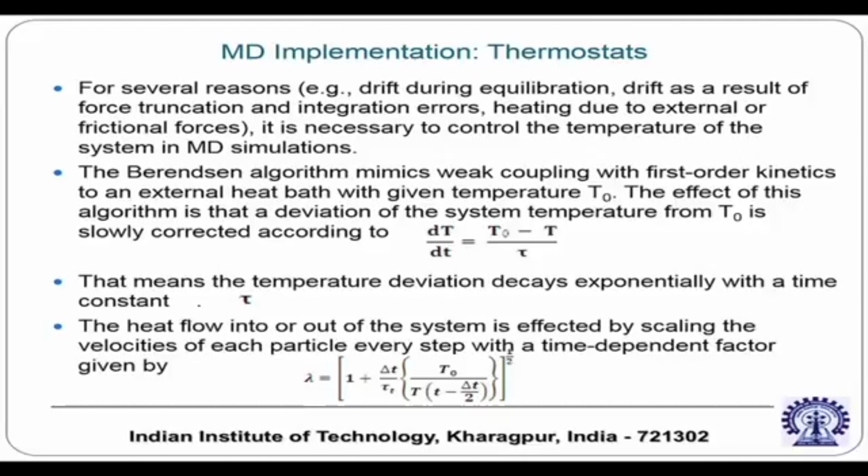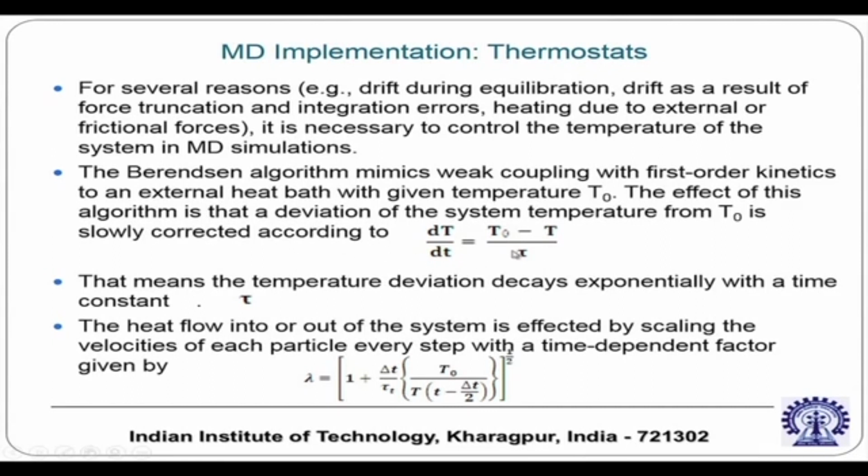For example, I am talking about one algorithm which is called the Berendsen algorithm. What it does is it mimics weak coupling with first order kinetics to an external heat bath with a given temperature T0. The effect of this algorithm is that a deviation of the system temperature from T0 is slowly corrected.